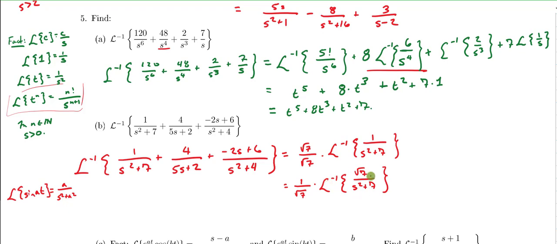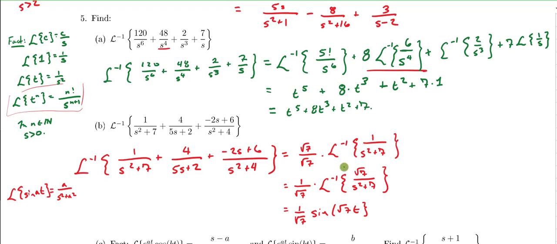Now this is the Laplace transform of the sine of the square root of 7, t. So this comes out as 1 over the square root of 7 times the sine of the square root of 7, t. And in general, folks, as I've said before, I think this procedure is pretty difficult. It's a lot easier to apply the Laplace transform to this result and see that you can get back to the original expression there.